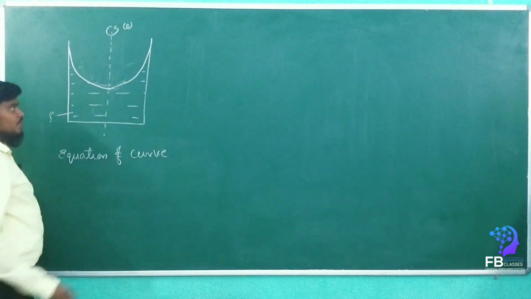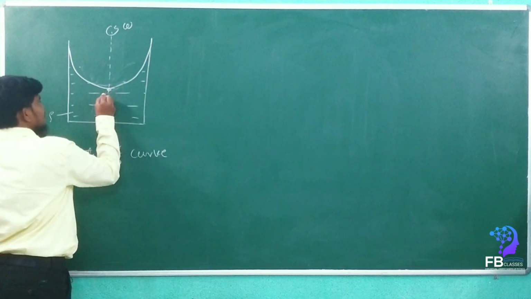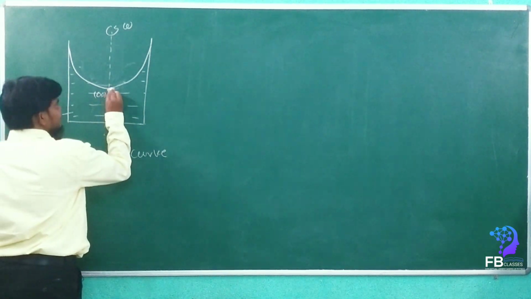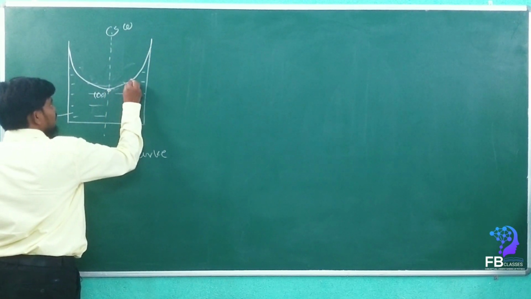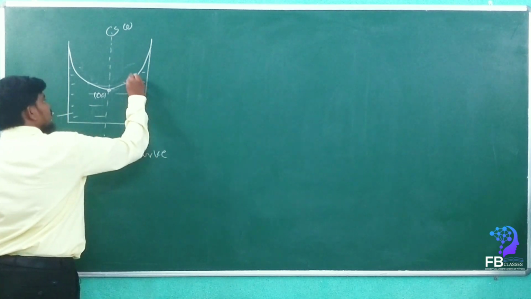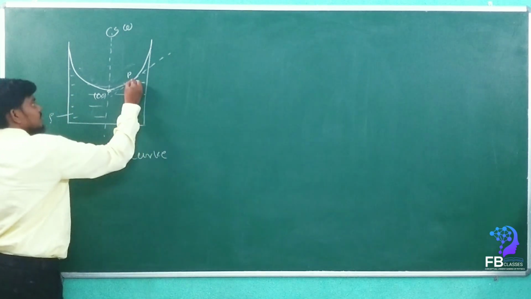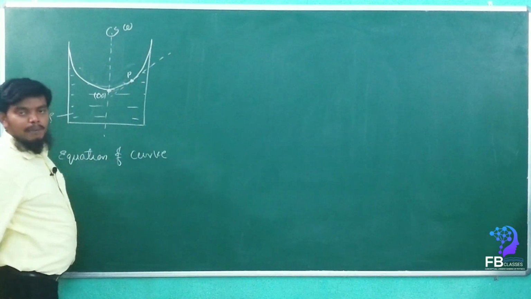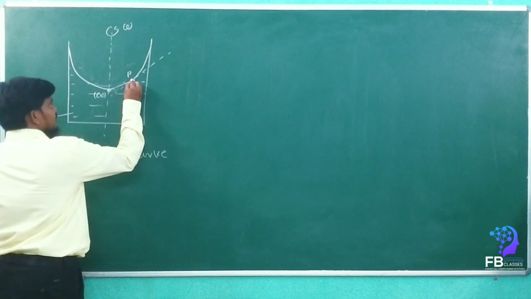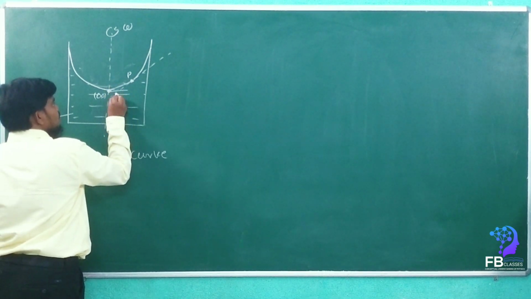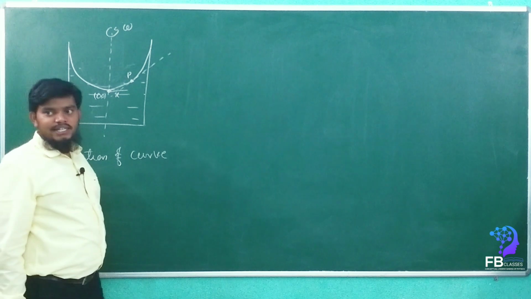What we are going to do here is take this origin as 0, 0. From the origin, at x distance, we can take the point P. For this point P, if you draw the tangent at the point P and take a particle, let it be at an x distance from the origin. How much, my dear? X distance.